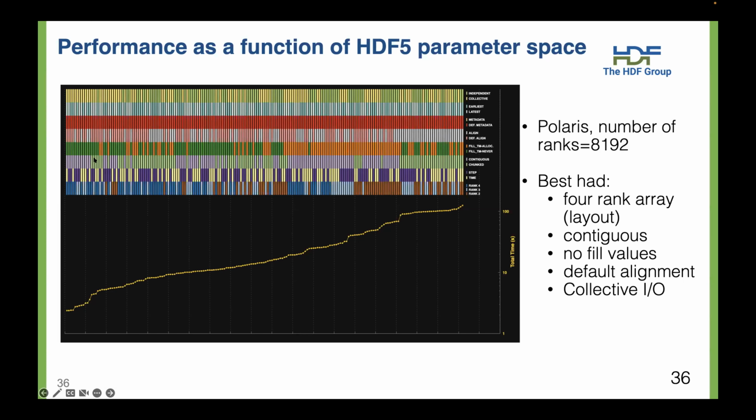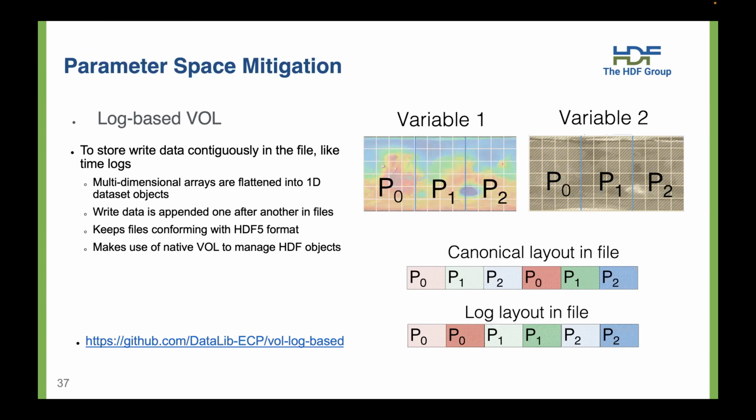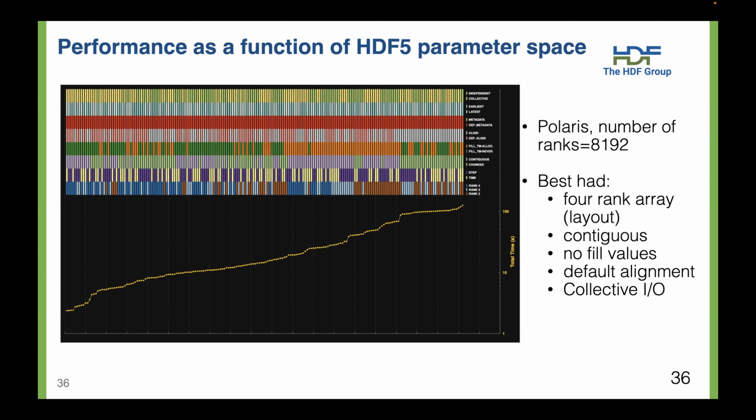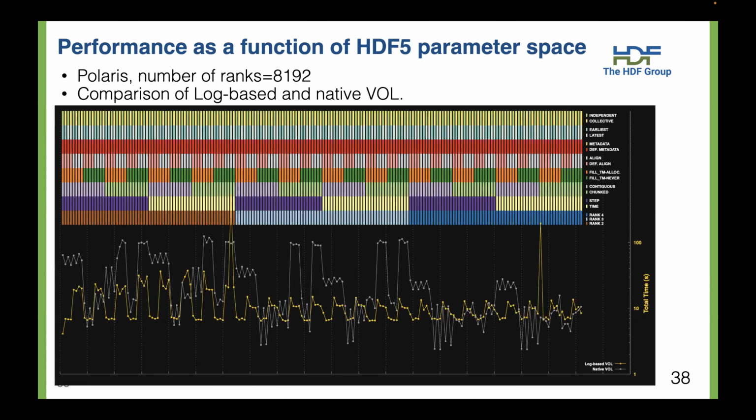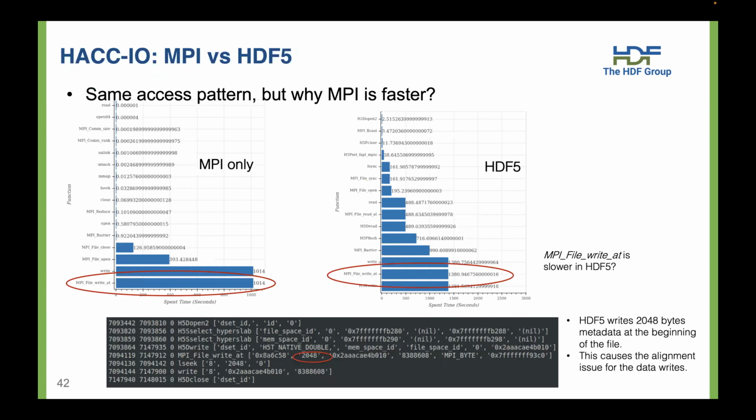But you also show the difference between GPFS and Lustre. Is this going to affect this graph too? Yes, it will. Do you remember if this one was on Lustre? This was Polaris, last year. Okay.